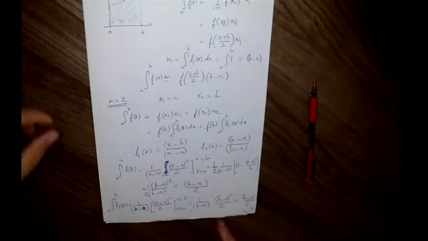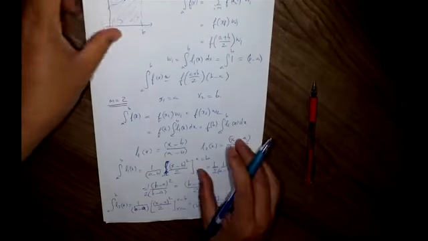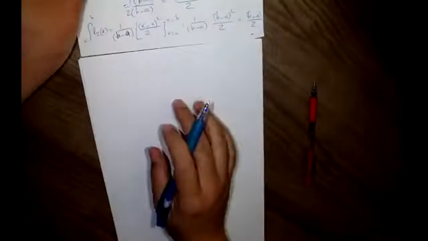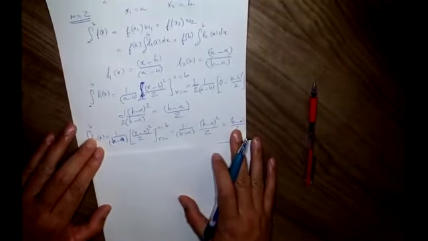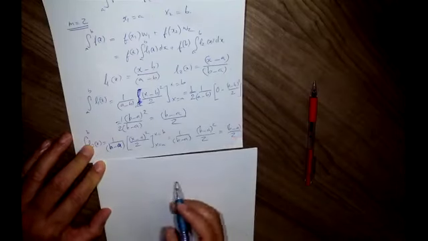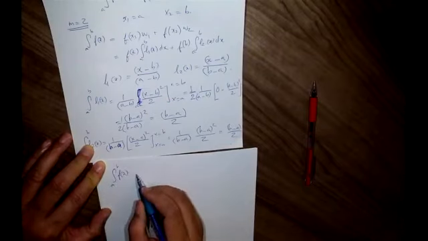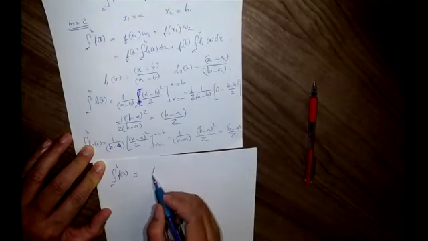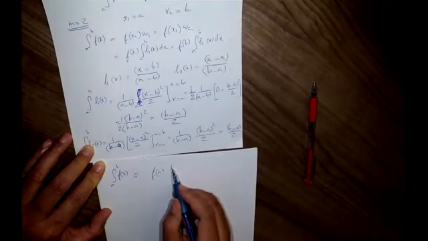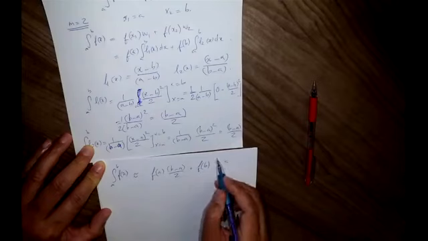And then when you plug it in here, the integral of f of x is approximately f of a times b minus a over 2 plus f of b times b minus a over 2.